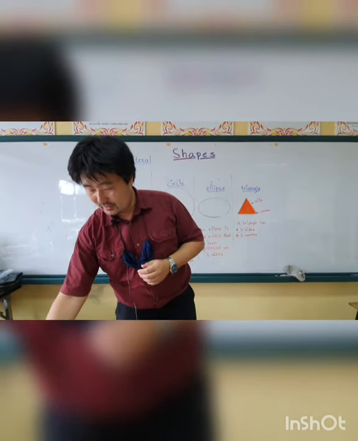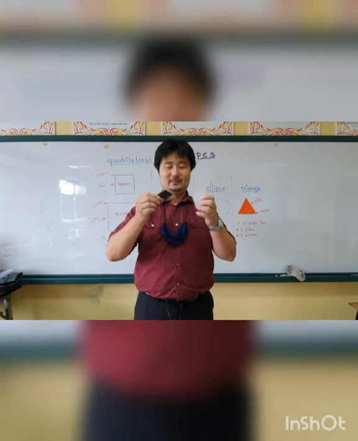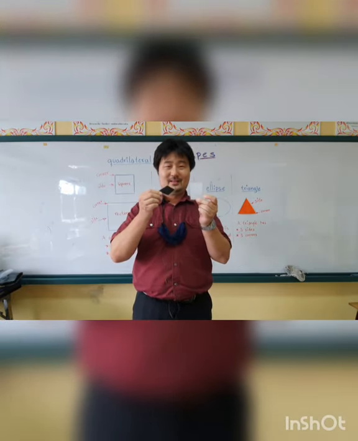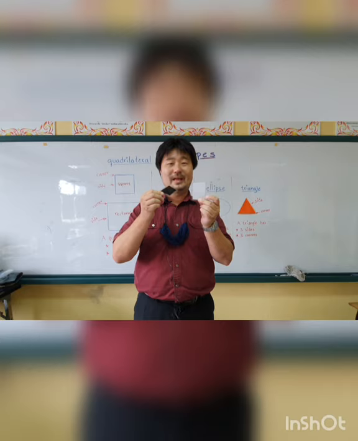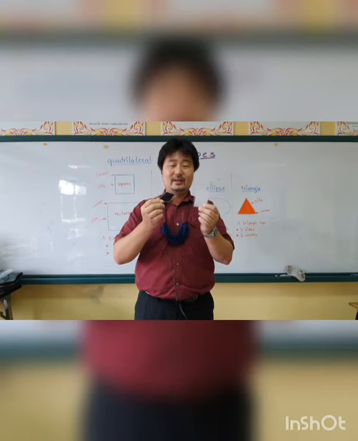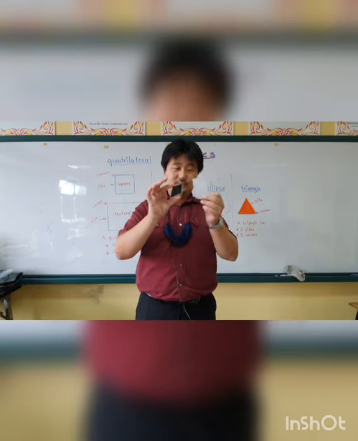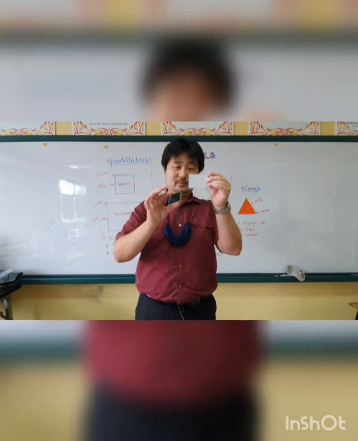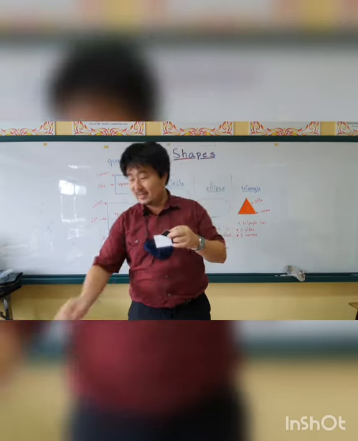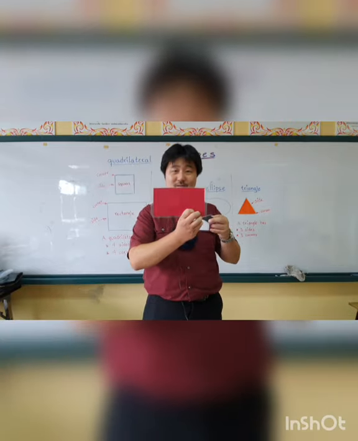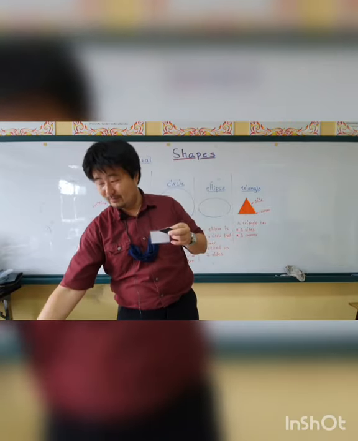But what are these shapes? They are also quadrilaterals. And if you look at it carefully, this is a rectangle, but a different size from this one. But it is still the same shape.